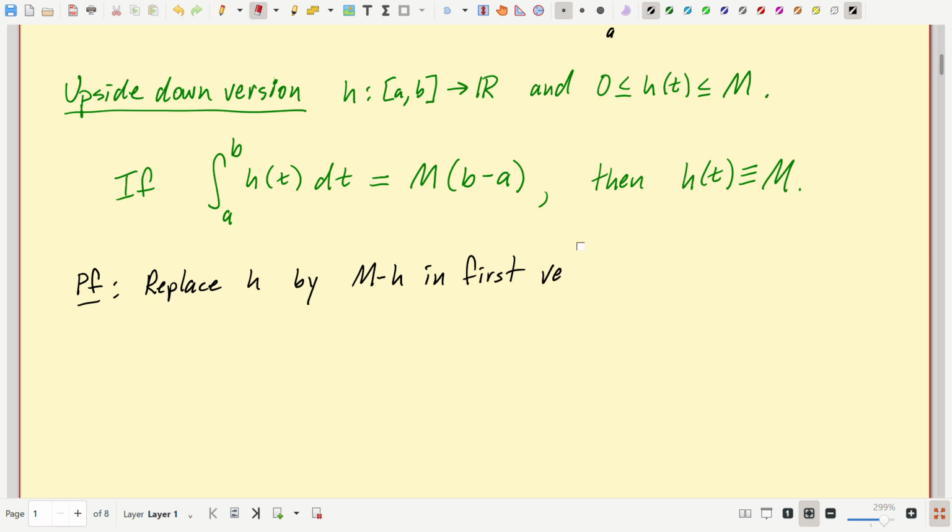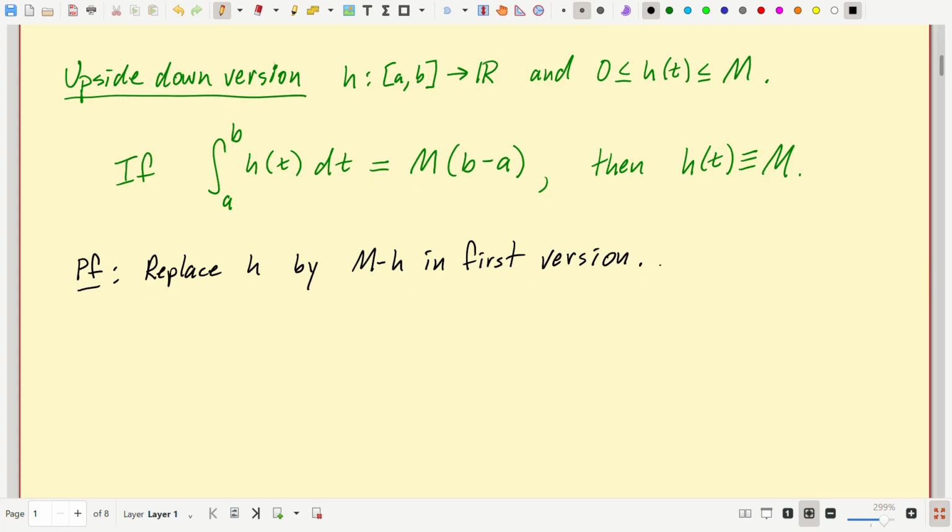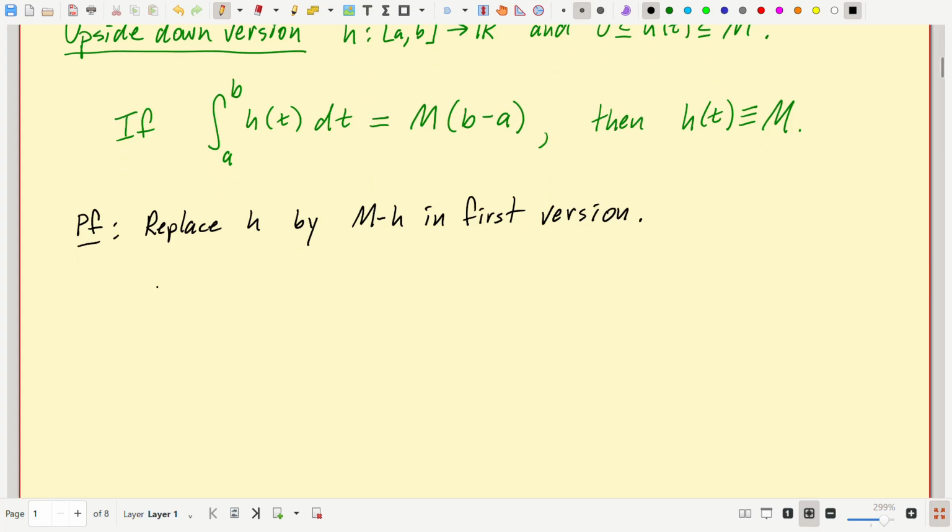Or to get a picture feeling for it, here's the picture. We've got this function h from a to b. It's less than or equal to m. Let me make a dotted line going across at m here. If it ever dipped below m, the bump this time would be underneath m.